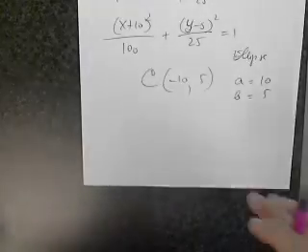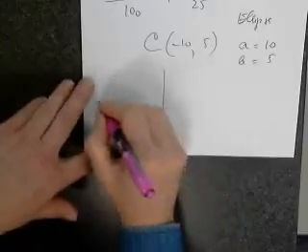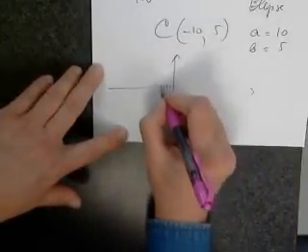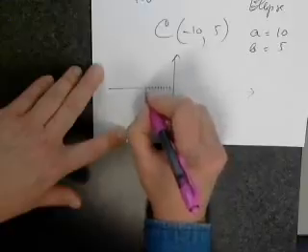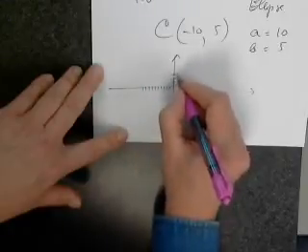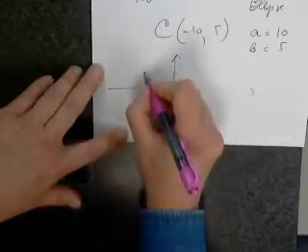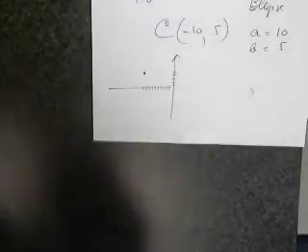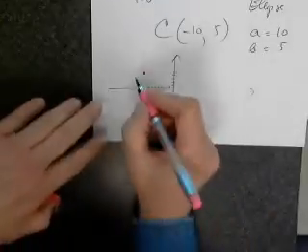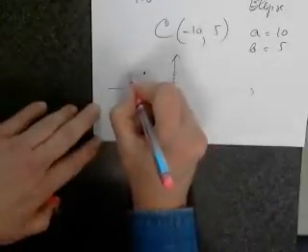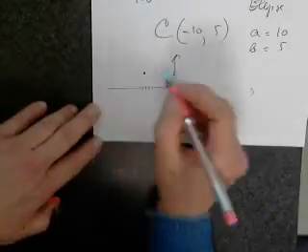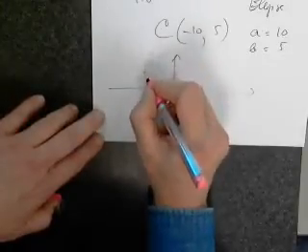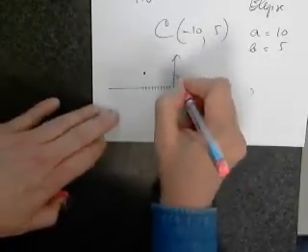But I have to graph the center first. So 1, 2, 3, 4, 5, 6, 7, 8, 9, 10. 1, 2, 3, 4, 5. So here's the center. And from here I have 10 to each side. 1, 2, 3, 4, 5, 6, 7, 8, 9, 10. And 1, 2, 3, 4, 5. And this was 5.